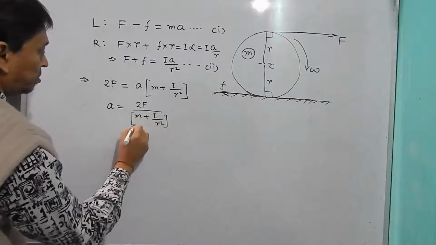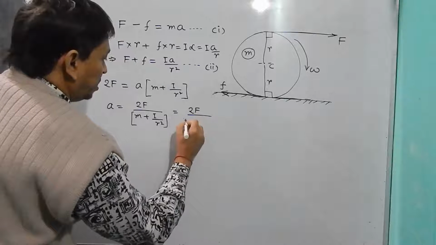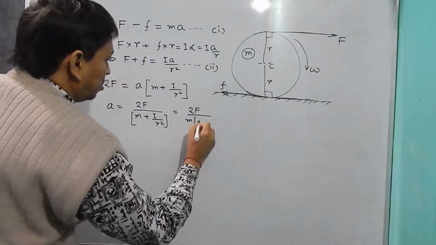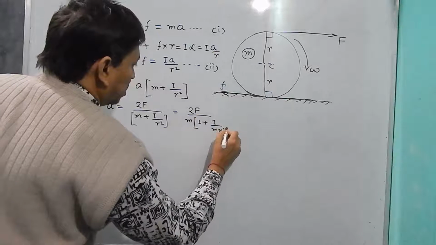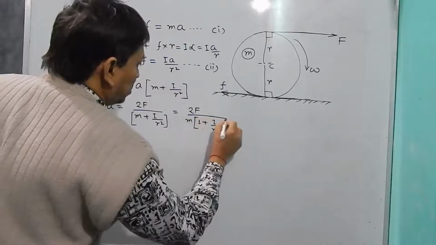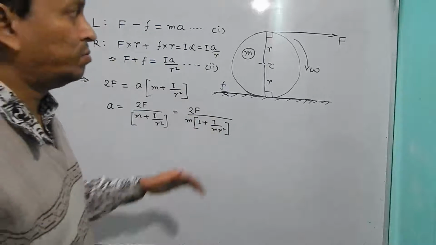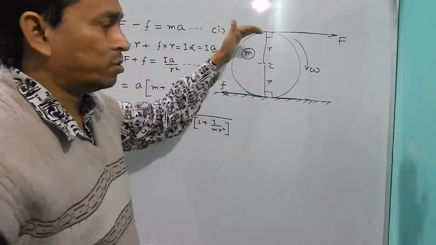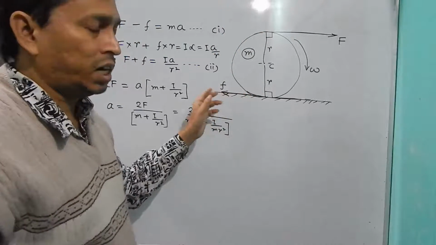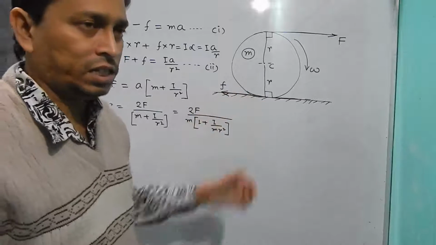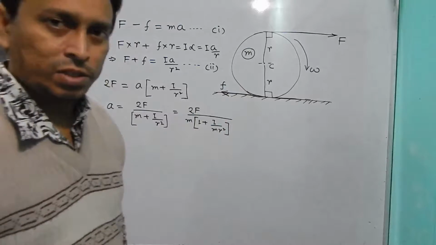We can take common m from the denominator, so 2F by m times 1 plus I by m R square. This is the same relation that we derived earlier. So in case of tangential force, you can take the direction of the frictional force in either direction, and it will not be wrong. Ultimately you will get the same derivation, the same formula.